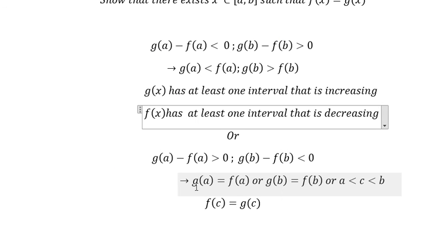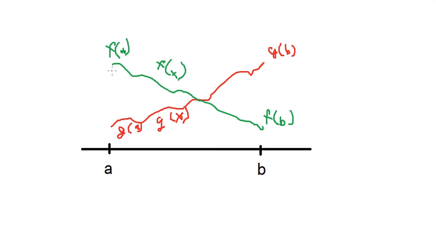And we have the next case: g of a equal to f of a, or maybe one location in between. If g of a equals f of a, the two functions have the same point, so there is at least one location at a where f of s equals g of s.